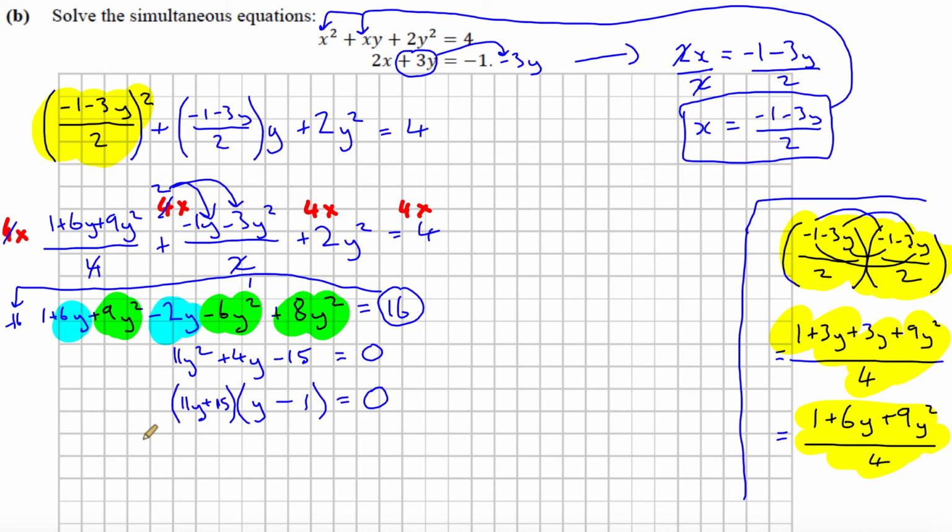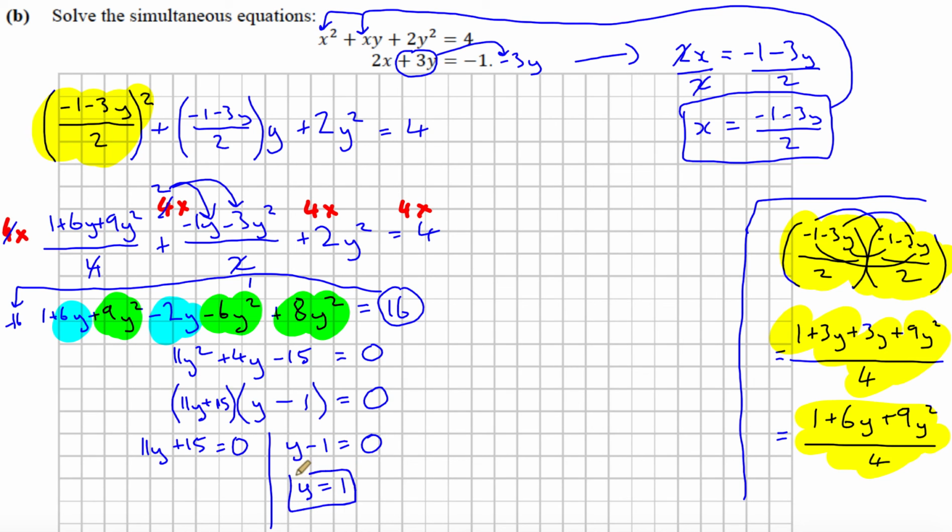So now I can say that 11y plus 15, so if a bracket multiplied by a bracket is 0, well, I could do my split screen here and I could say either the first bracket is 0 or the second bracket is 0. So if the second bracket is 0, if y minus 1 is 0, well, y must be 1.